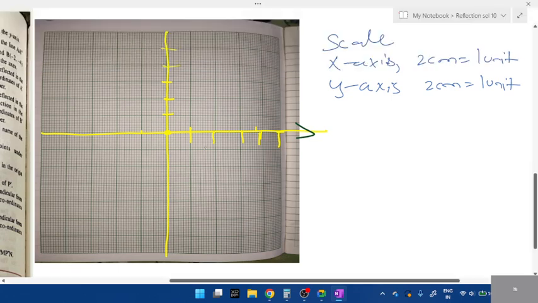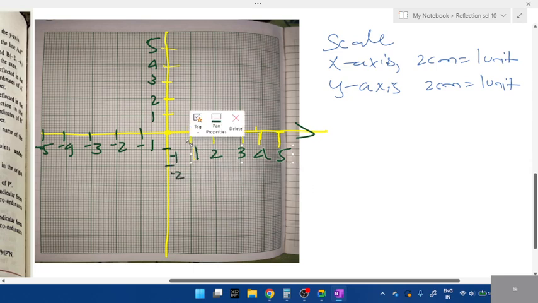Be quick. P dash, minus 1, minus 2. Write y dash.